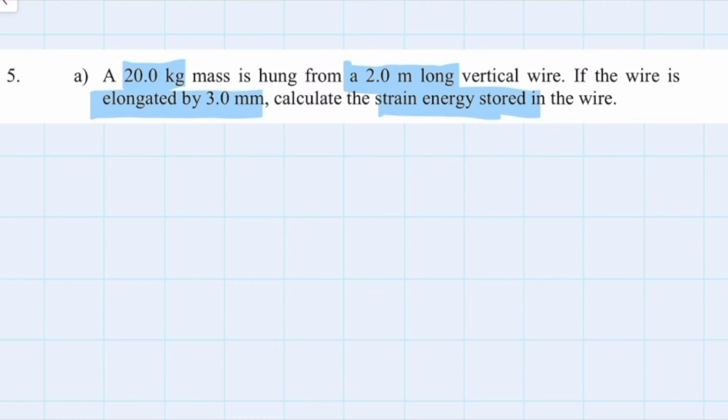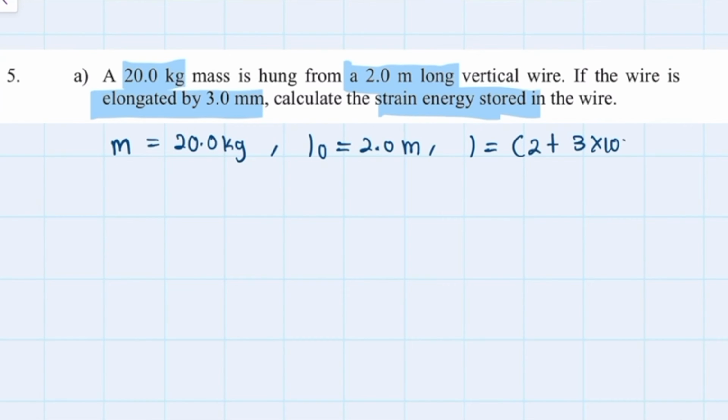Okay, so take out the information. The mass is 20.0 kilogram. The initial length is 2.0 meter. The final length is 2 plus 3 times 10 power negative 3 meter.